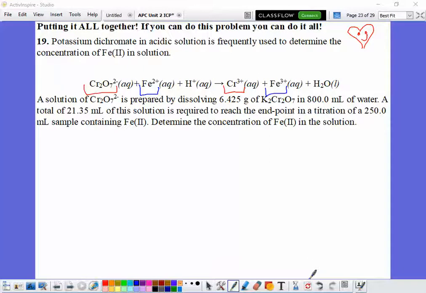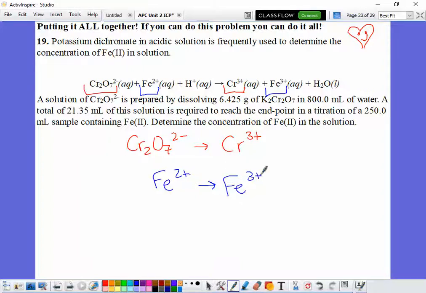All right, so now that you've had a chance to balance this, our two half reactions are the dichromate going to chromium 3 plus and Fe2 plus going to Fe3 plus. All right, so our first half reaction, balance everything but oxygen and hydrogen. I'm just going to do each half reaction alone and then combine them.